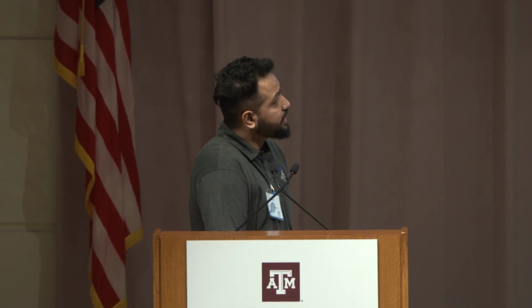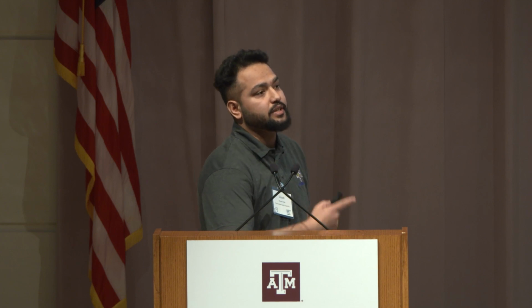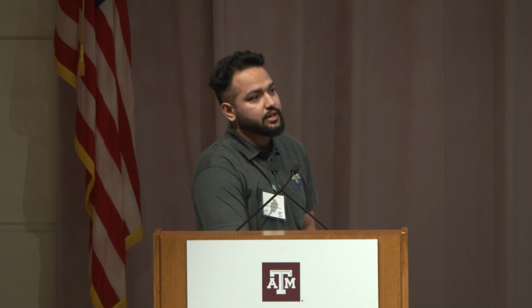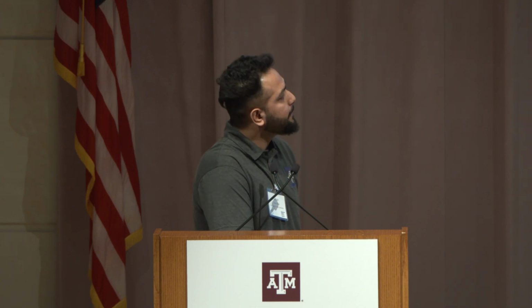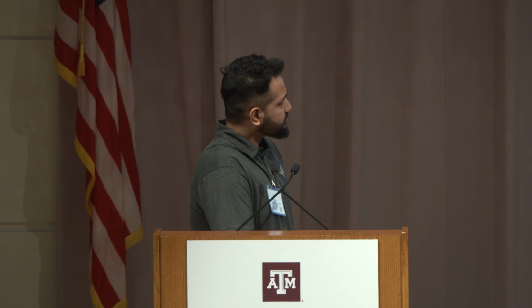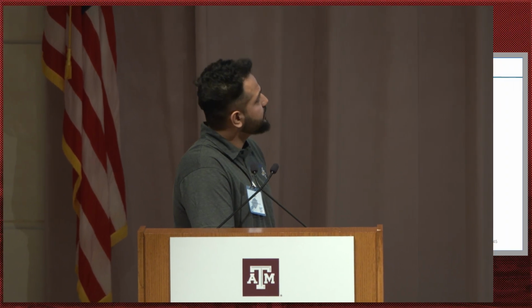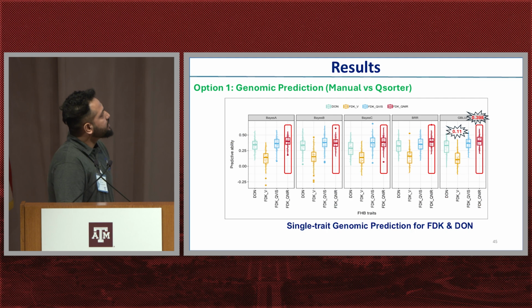You mean the ground truth for the FDK visual, for the QSorter? Yes, I was thinking about the sorter. The visual was just a rater going and rating the samples. Yeah, I understand, but you have to have a ground truth. Essentially, you have to be able to tell this was infected versus not, right? So what did you use for that?